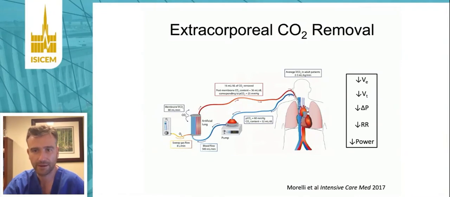This can significantly reduce the ventilatory demands on the lung, because as CO2 removal is performed extracorporeally, less ventilation, less tidal volume, less driving pressure, lower respiratory rate, and less mechanical power is applied to the lung. So in theory, this may substantially facilitate the delivery of lung protective mechanical ventilation.